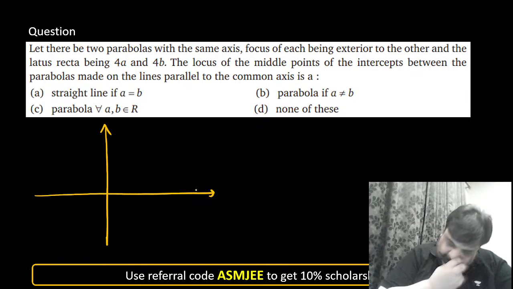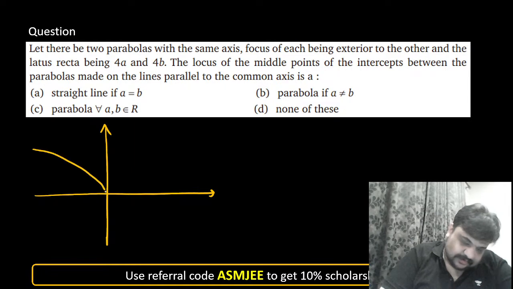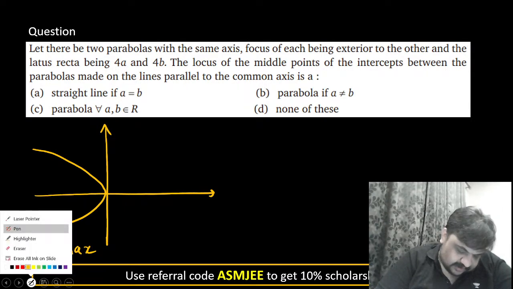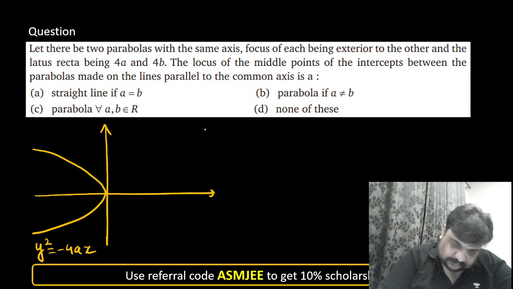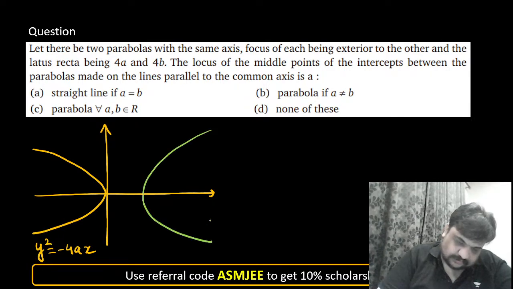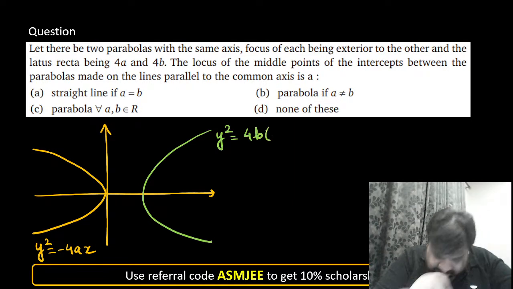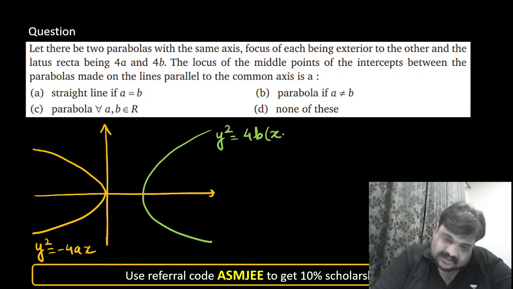So there is one parabola, it is y square equal to minus 4ax. And there is another parabola, y square equal to 4b times some x.